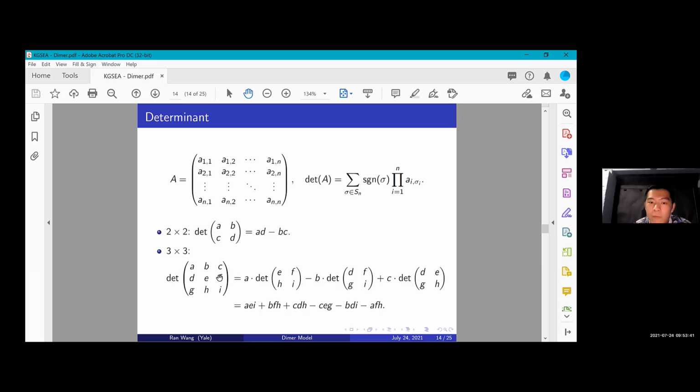Then B, F, G, sorry, that was a typo: B, F, and then you go back to here, G. Then the third term is C, D, H. For the minus terms, you go the other way, in the down-left direction. So your minus terms are C, E, G, then B, D, and then here I, and finally A, F, H. Okay, so this is how you calculate determinants.